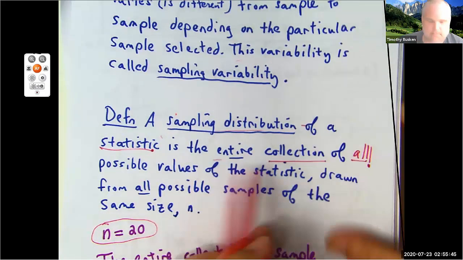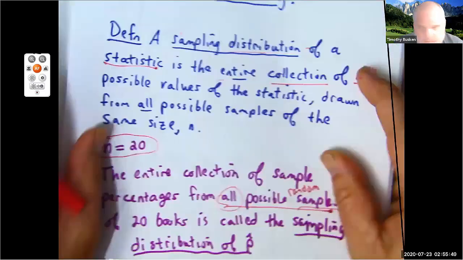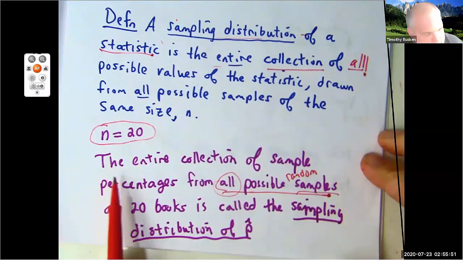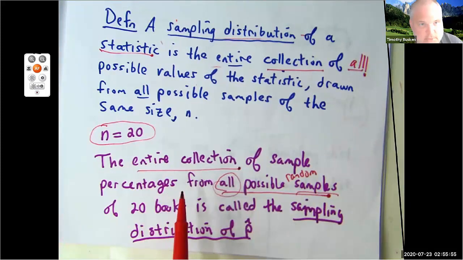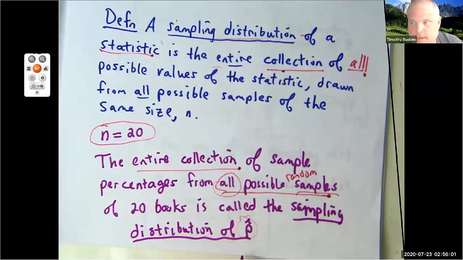Okay, so let's go back to the first example. If it was possible to get the entire collection, then I would have the actual sampling distribution, the actual list of all possible values of p hat. But because there's only like 32 of you in the class, I'm only going to get 32 values of p hat.